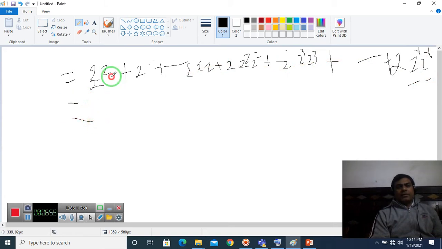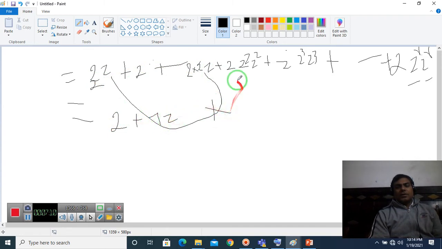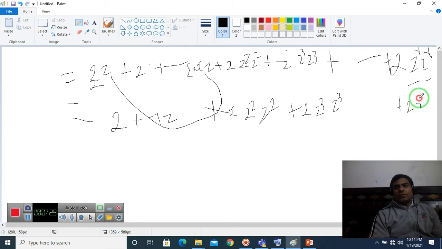Just add the similar terms, 4z and 3z, that is 7z. It becomes 2 plus 7z plus, the rest of the terms are power terms, they differ from the other terms: 2 into 2 square z square, 2 into 2 cube z cube, 2 into 2 to the power r z to the power r.